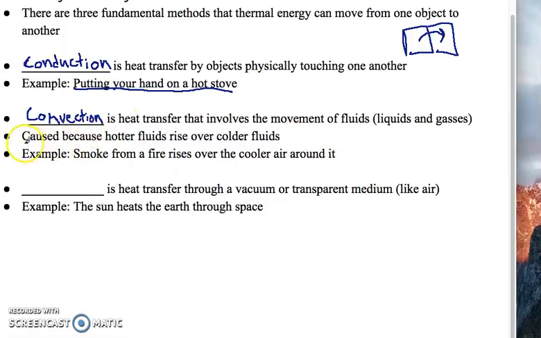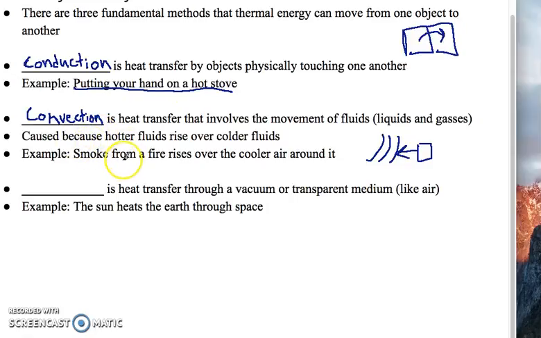So an example of this would be smoke from a fire rises over the cooler air around it. So again, anything where you get a movement of fluid and then you get some type of transfer of heat from one thing to another, basically, that's going to be convection.